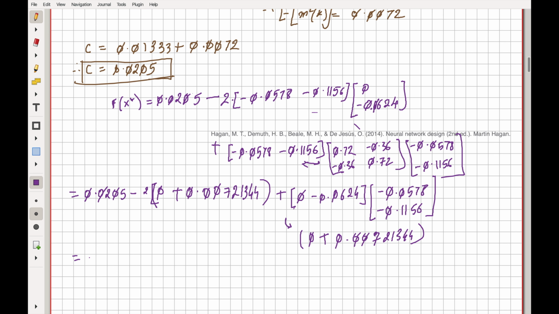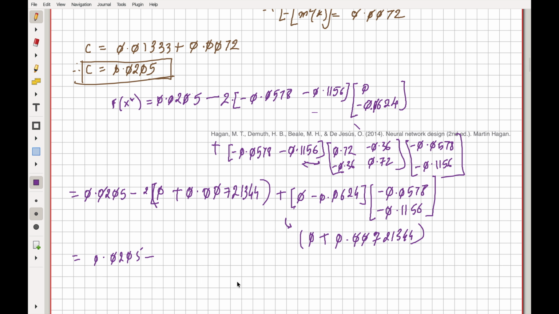So in the end, what we have is 0.0205 minus, again we have 2 times this, so essentially they'll cancel out. So what we get is 0.0205 minus 2 times 0.0072134 plus 0.0072134.